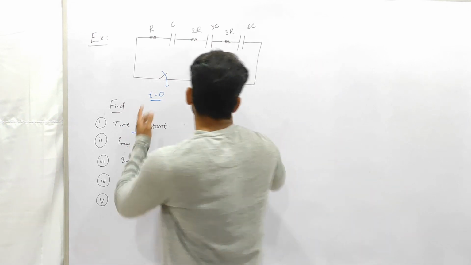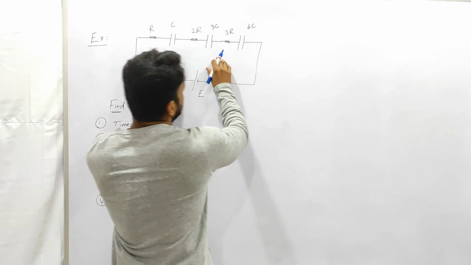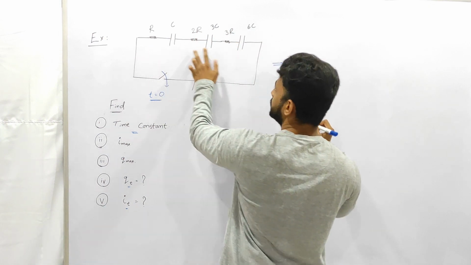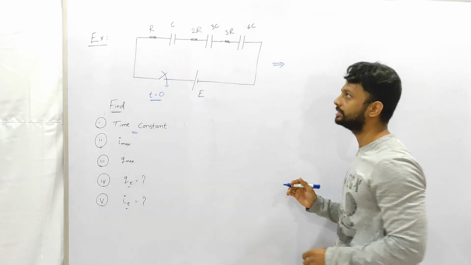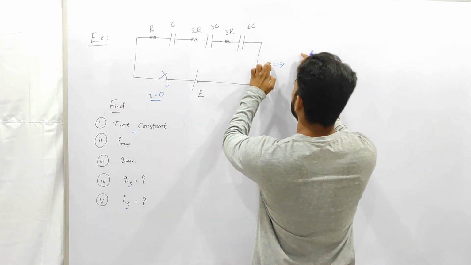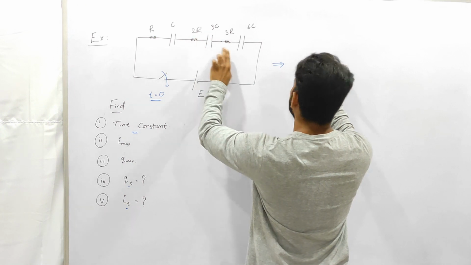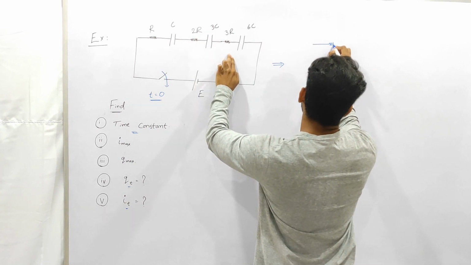Okay, so first of all, I convert this into a simplified form, as every resistor and every capacitor is connected in series. The simplified circuit looks like what? R, 2R and 3R are connected in series, that is 6R.